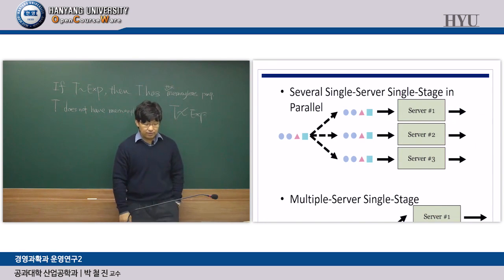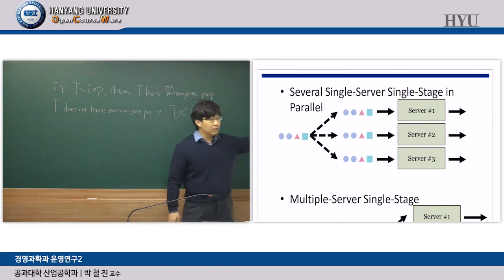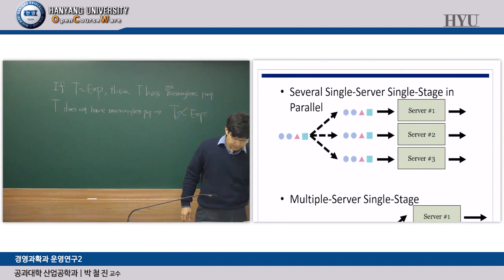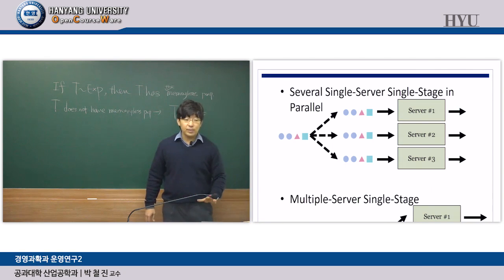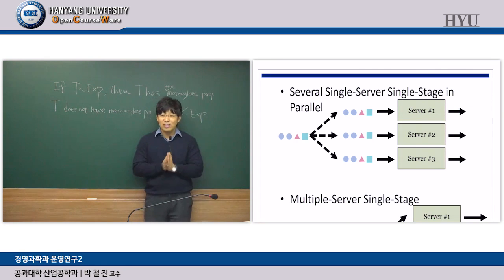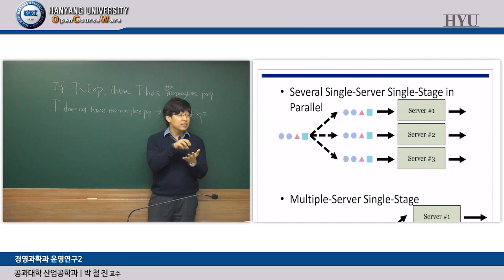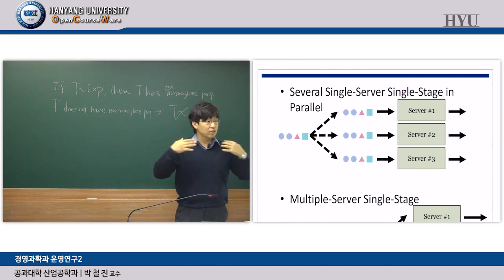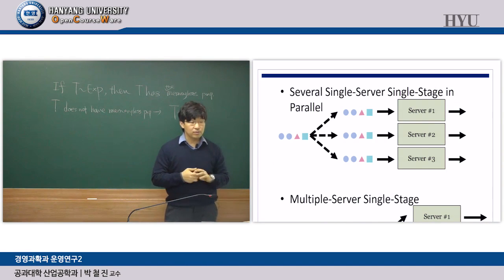How about this case? What do you think? Is there any example? Airport security check system. In one line, someone checks if your ticket and your ID match or not, and then you can consider multiple lines to check your belongings.